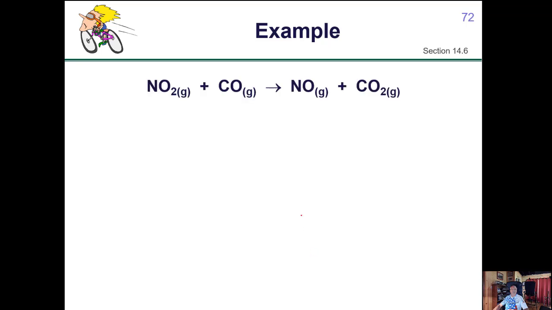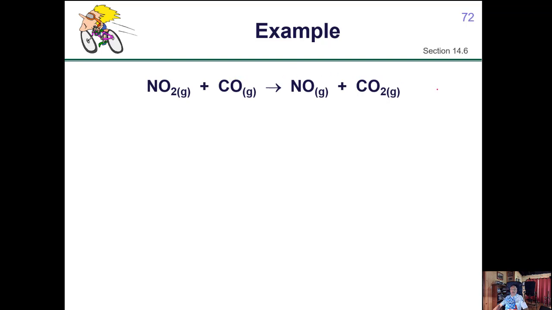for doing that. So every reaction that we've studied so far, you have some kind of stoichiometry. So here is an overall reaction. We've got nitrogen dioxide. It combines with carbon monoxide to produce the products nitrogen monoxide and carbon dioxide, and the coefficients happen to be 1 for all the components in this reaction.